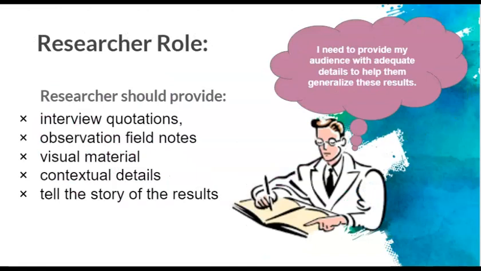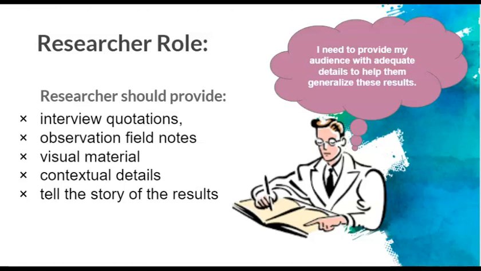So the researcher's role here is to provide their readers with details to help them generalize the results or apply the results to other situations. The researcher should provide quotations if they did interviews. They should provide some of their observation field notes with specific details about what they saw. They should provide some visual material if possible, some contextual details. They need to tell a story.